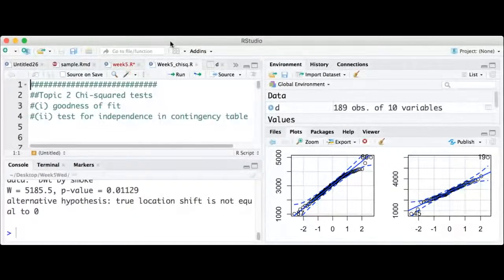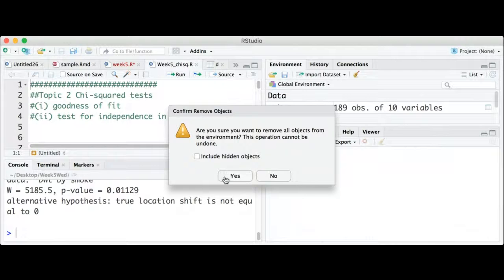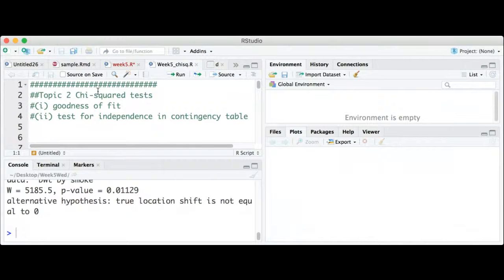Okay, just check that's there. Yep. Okay, just clean that up. It's not relevant anymore. And I'll clear everything, just as good practice to clear all the variables.